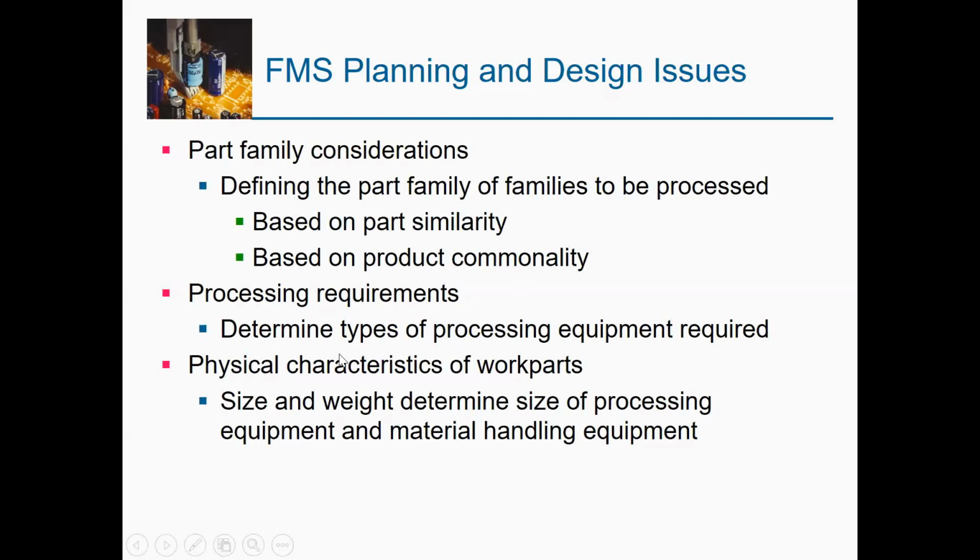Processing requirements determine the types of processing equipment required. We can also categorize them on the basis of process requirements and the physical characteristics of the work part. Size and weight determine the size of processing equipment and material handling equipment. And we have covered how to make the families in a very detailed way in the previous lecture on cellular manufacturing.